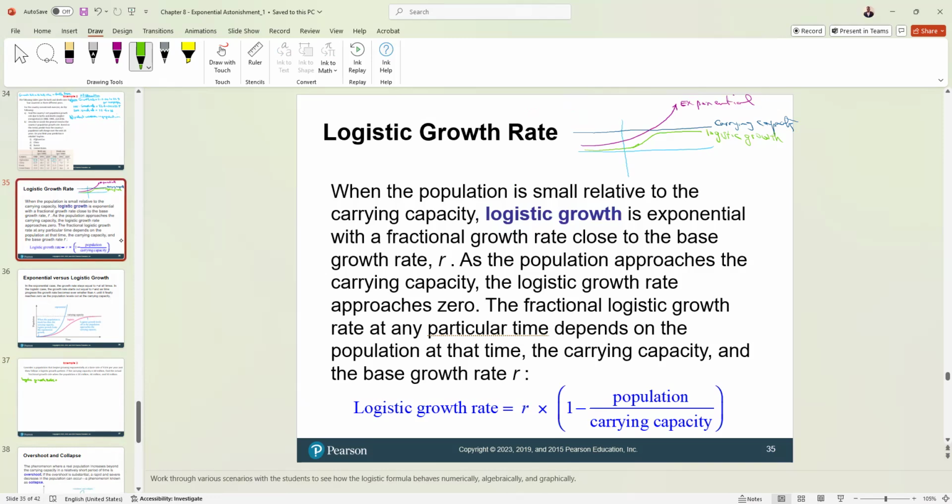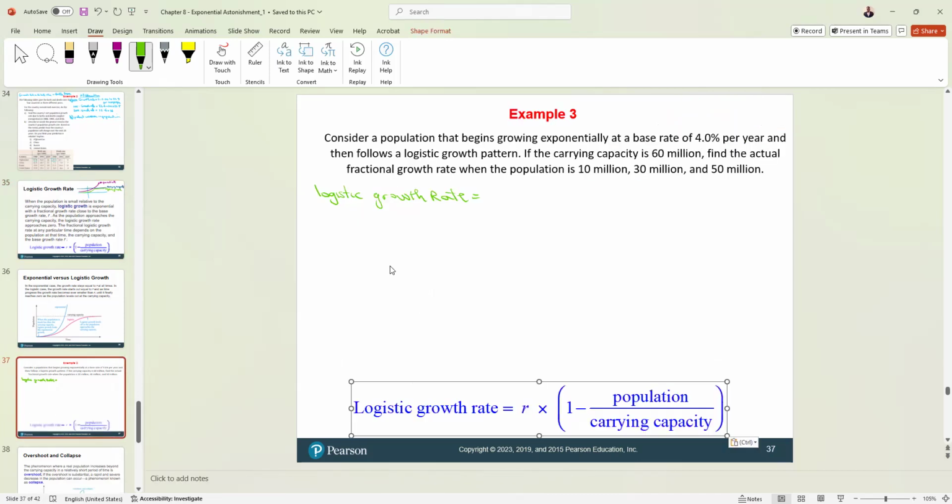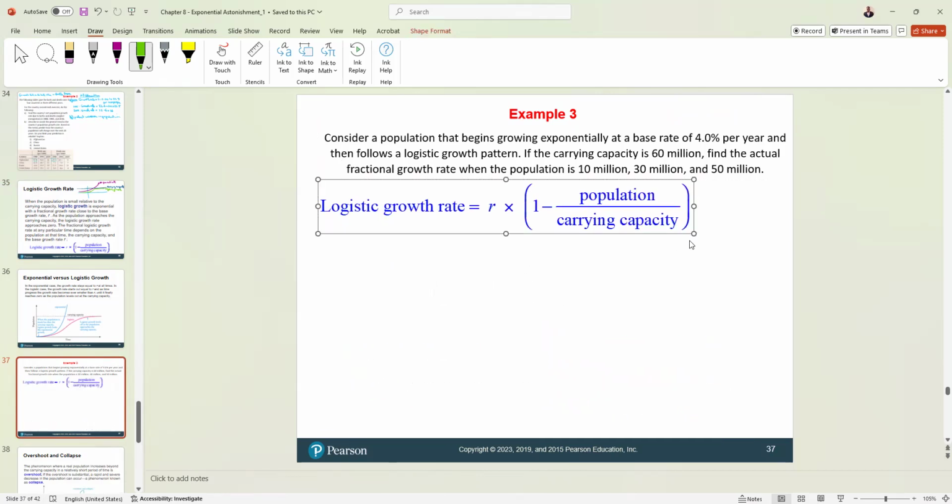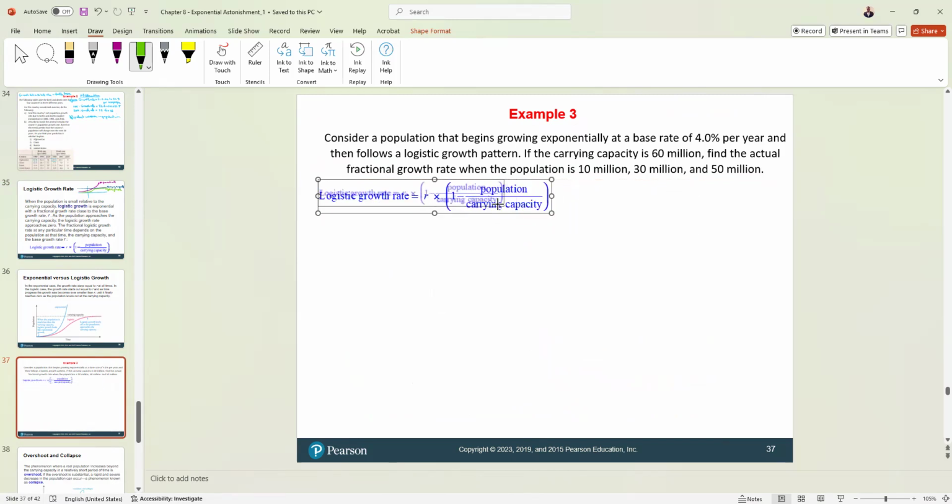I'm not gonna write it. How about I just do copy paste? I'm hoping I can do that, right? Copy, and I can do paste. Right, it's working. So let's erase this. Okay, this is the formula we're gonna use. Okay, let's use this formula right there. And now we can answer the questions.